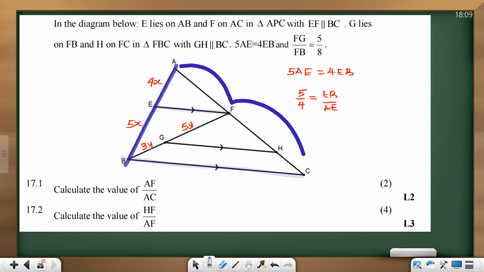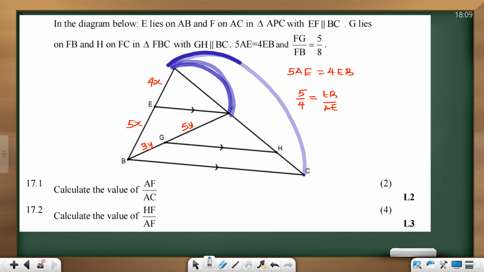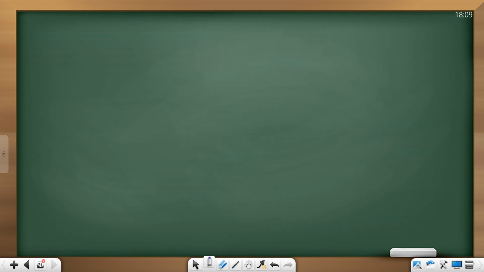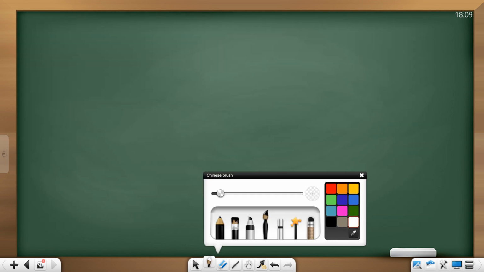AF over FC will be equal to what? AF over AC. No, sorry. AF over what? AC. Can you see? It is the top over the total. I must move the same way. What would that be? AE over what? AB. So let's write our answer down. AF over AC. Quickly.